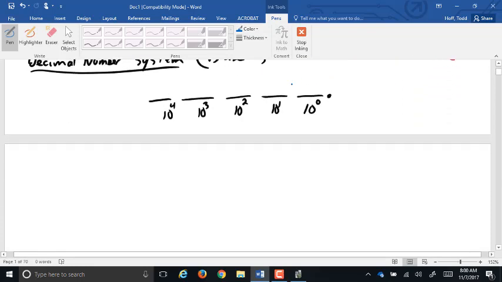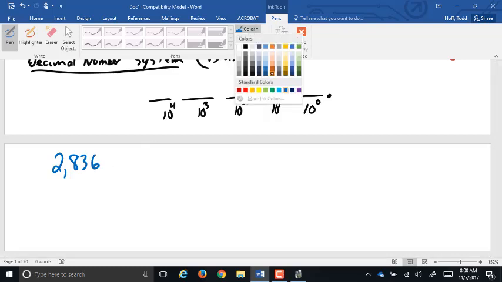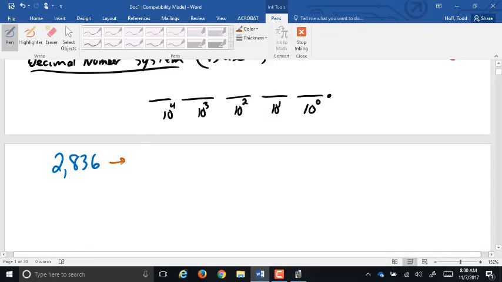If I have a number like 2,836, I can write that out. We've looked at this way back at the beginning of the semester as being 2,000s and 800s and 3 10s and 6 1s.